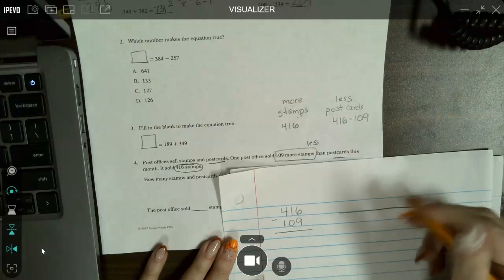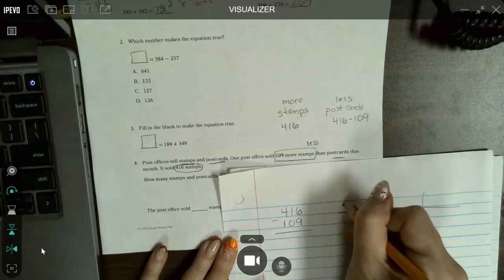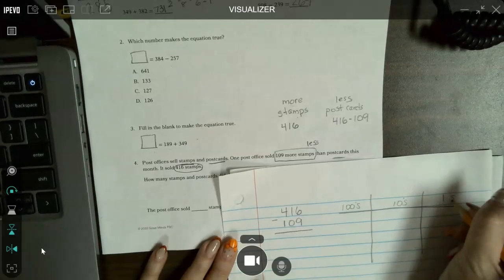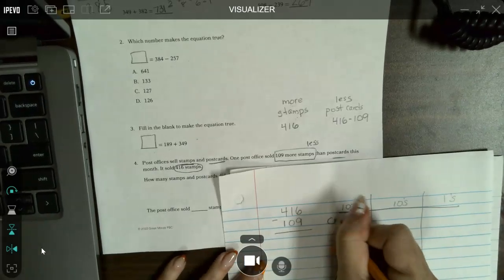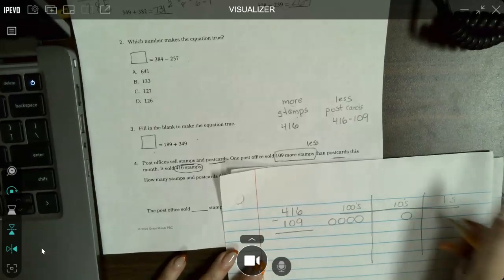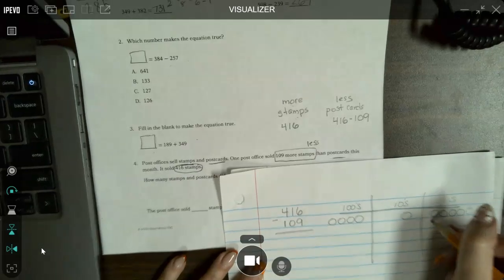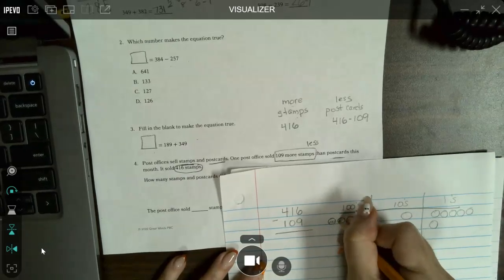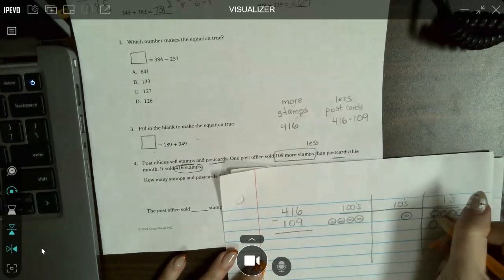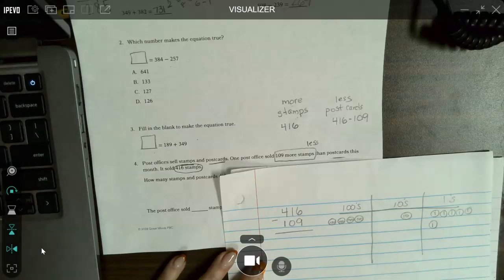So we're going to draw those place values to understand what's happening. We have 100s, we have 10s, and we have 1s. 400, 10, and 6 1s. These are hundreds, 100, 200, 300, 400, 10, 11, 12, 13, 14, 15, 16.